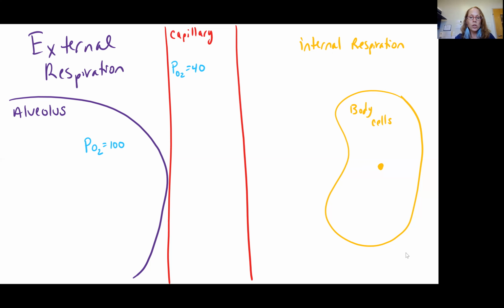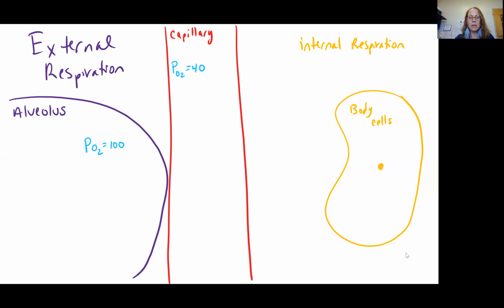Internal respiration is getting the gases from the blood to the tissues, and from the tissues to the blood. Here we're looking at our capillary bringing blood to our alveolus, coming in from the pulmonary circuit.